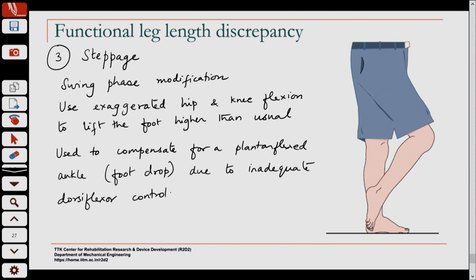If the ankle dorsiflexors are weak, then you would use steppage. You basically have an exaggerated swing, you flex your hip and your knee more than necessary to compensate for this.